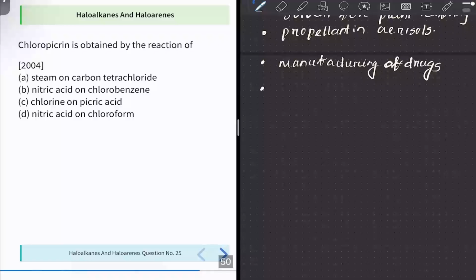Then metal cleaning and finishing solvent.